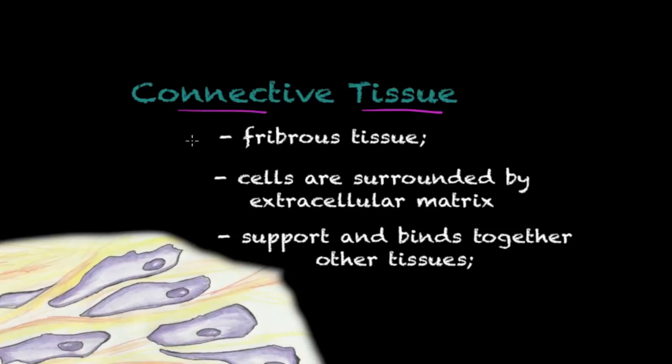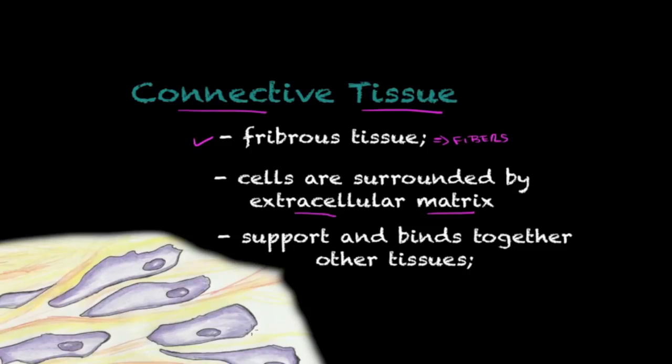Now, what I want to tell you on this tissue is that it is a fibrous tissue comprised of a lot of fibers. This is what it means, fibrous tissue. The second thing that I would like to tell you is that connective tissue cells are usually separated by a material that they produce, and this material collectively is called extracellular matrix, this yellow substance that you can see here in these cells.